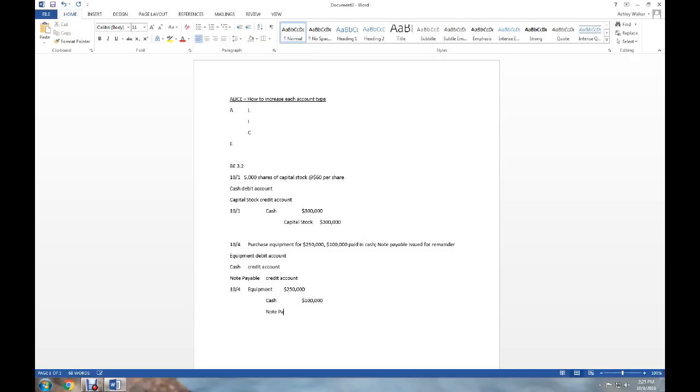And the other account we're going to credit is a note payable. So we've accounted for $100,000 of that $250,000. The remainder has to be $150,000, and we're going to credit that account for $150,000. So there's our compound journal entry. Okay.